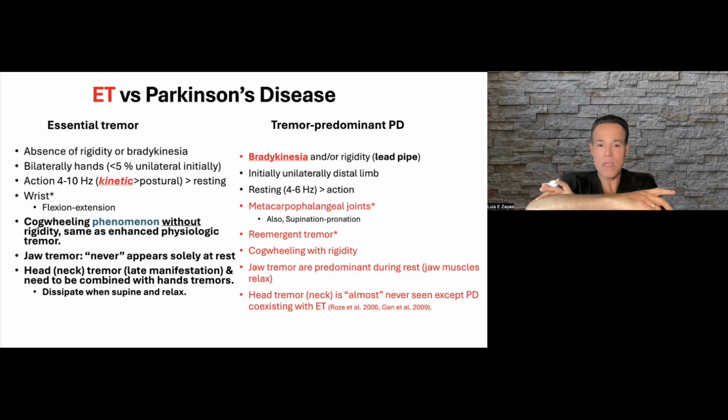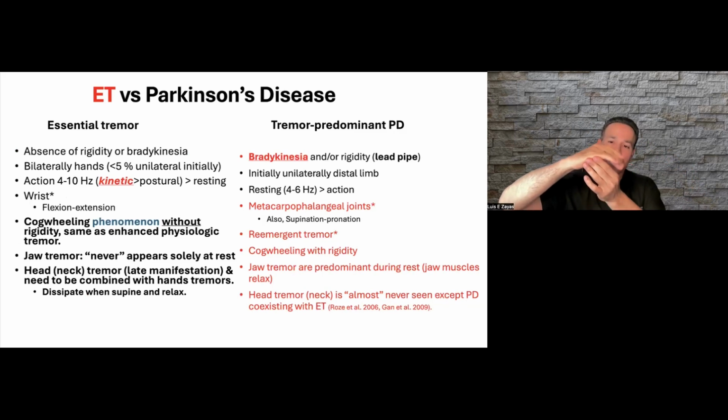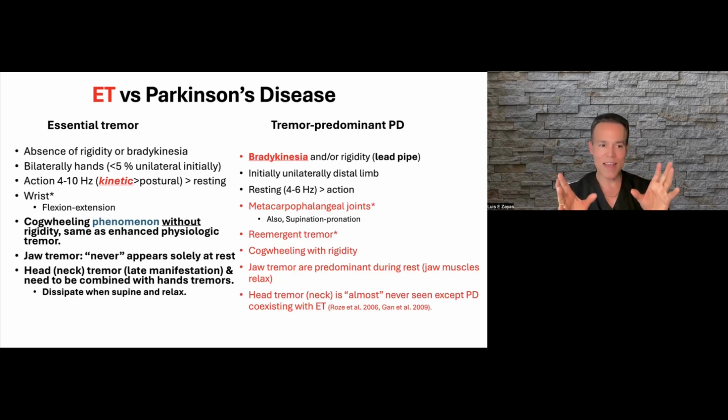Typically you see that in Parkinson's disease, but some patients are so difficult that they have a combination. In Parkinson's, it's more common to see tremor at the MCP joints, the fingers, but not always, because you might see that with ET as well. So that doesn't help you too much, but sometimes it might lead you to think that the patient has Parkinson's disease or essential tremor.